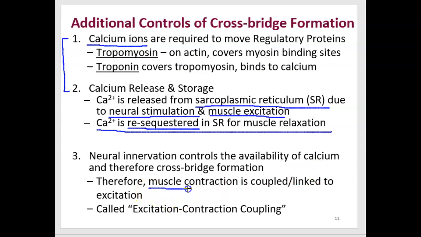So muscle contraction is really linked to excitation by a nerve. So we call this excitation-contraction coupling. So the muscle has to be excited and then it will contract. And the reason it has to be excited is because the calcium has to be released from the sarcoplasmic reticulum, which we're going to talk about in another lecture.